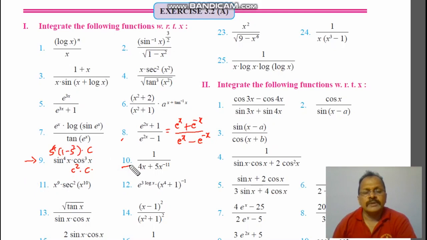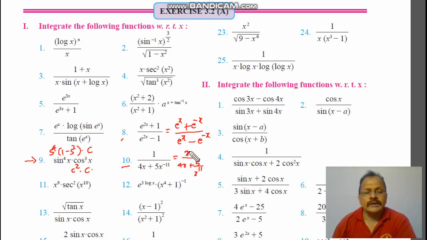10th problem, 1 upon 4x plus 5x raised to minus 11. Now use the laws of indices, and this will become 1 upon 4x plus 5 upon x raised to 11. Now multiply numerator denominator both by x raised to 11.